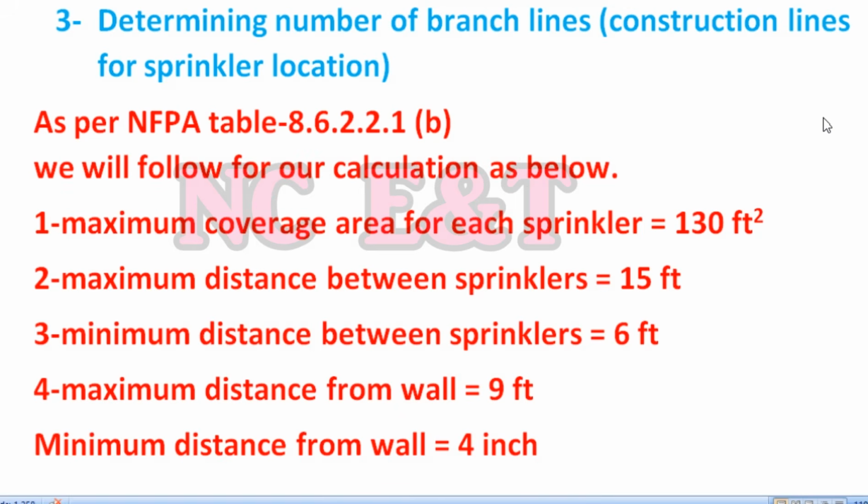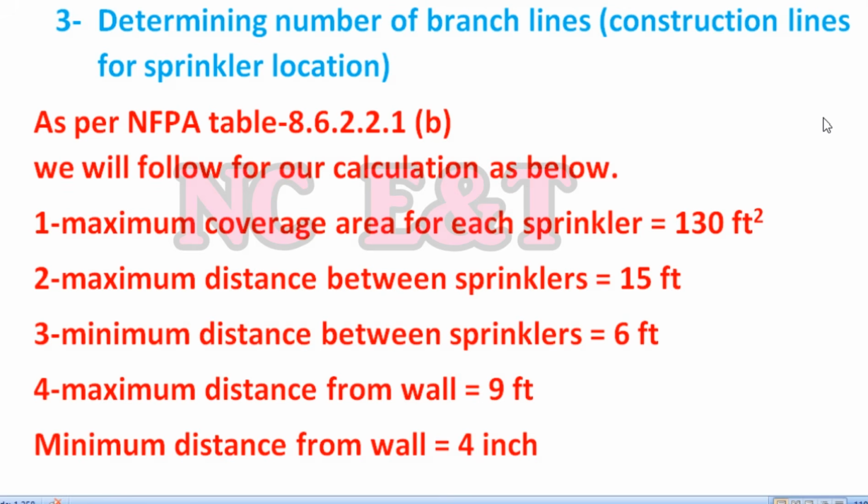Number 3, determining the number of branch lines. This branch line is not the pipe branch. These are the construction lines. It is a very important step in this system. We need to make some calculation.